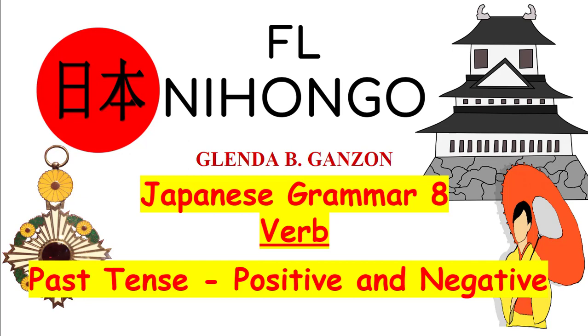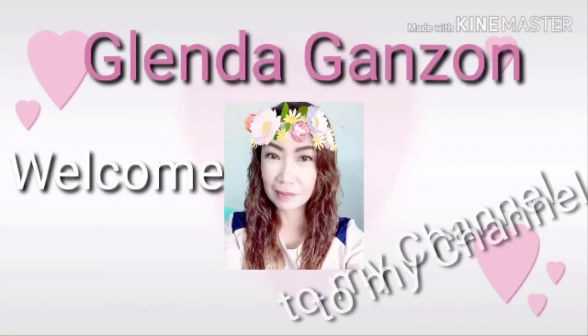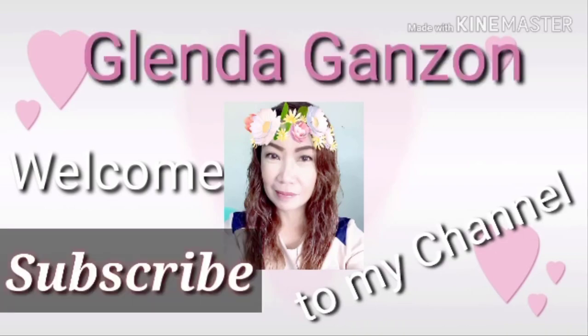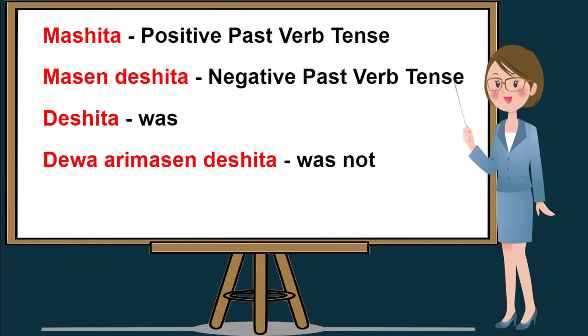For today's lesson, I'm going to be teaching you how to create a sentence using a positive past tense verb and a negative past tense verb. In order for us to do so, we will be using the following Nihongo words.